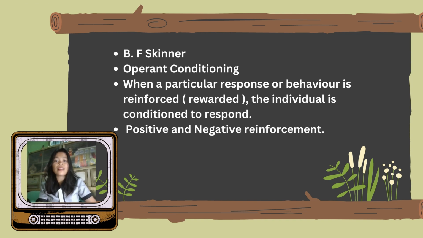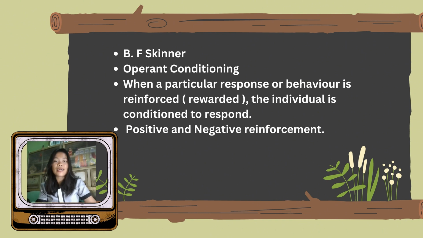The second one is negative reinforcement. This involves removing an unpleasant stimulus when a desired behavior occurs. For instance, if a teacher reduces homework for students who consistently perform well, they are motivated to keep up their good performance. Additionally, operant conditioning also includes punishment, which is used to decrease undesirable behaviors.